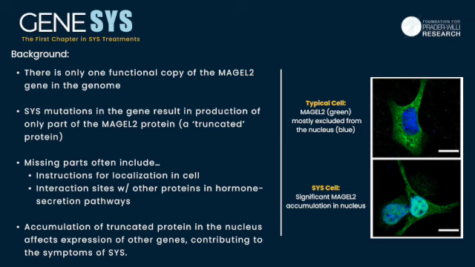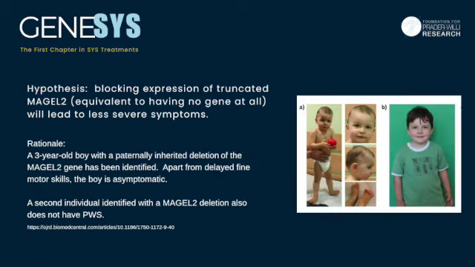In a Schaaf-Yang syndrome individual, the MAGEL2, as we said, is truncated, and rather than staying nicely in the cytoplasm, a lot of it moves and gets stuck in the nucleus of the cell. Now, there's always a little bit of MAGEL2 in the nucleus of the cell, but it's very different in Schaaf-Yang syndrome, where it seems to be accumulating in the nucleus. And we believe that is what is causing the cell not to function in its typical way in Schaaf-Yang syndrome.